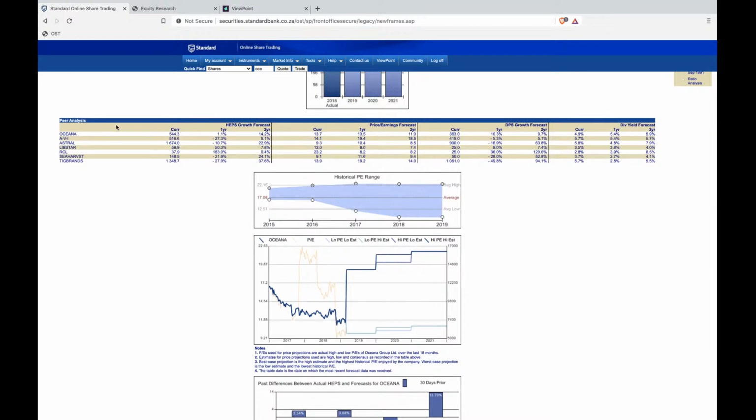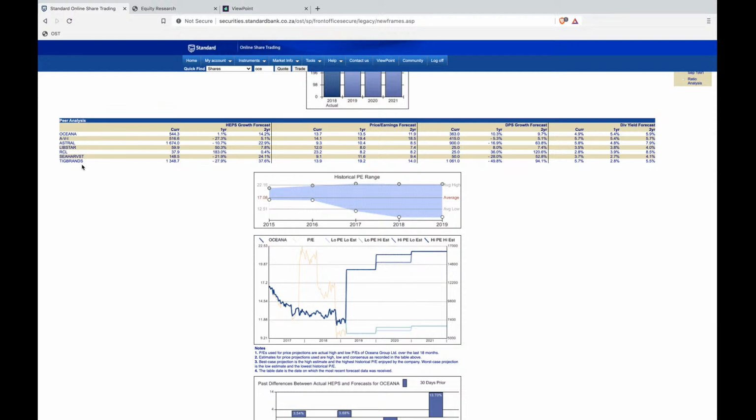Here we've got peer analysis, so focusing on, in this case, Oceana. So we've got AVI, Astral, Libstar, RCL, Sea Harvest, and Tiger Brands. And some of those, Libstar, Tiger Brands, and AVI, less so, although AVI does have INJ in it. RCL and Astral, obviously focusing on chickens.